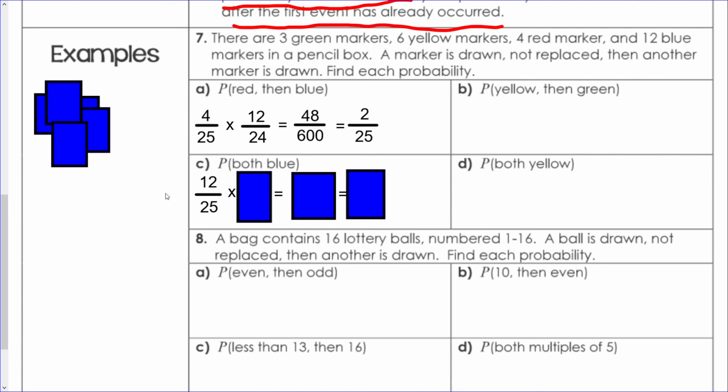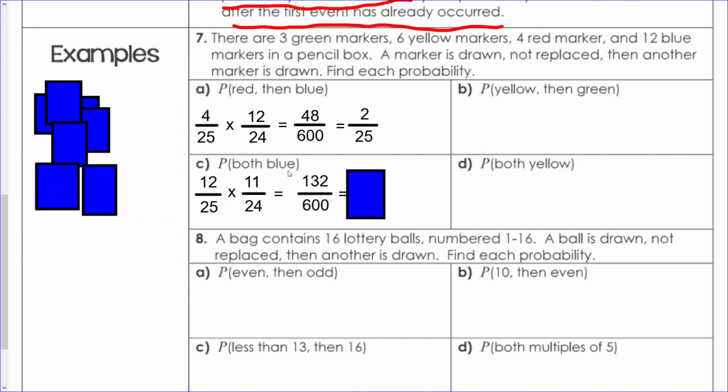But the second time you reach in, because we're not putting the marker back in the box, there are only 11 blue markers in there because you already took 1 out. And there's also only 24 total markers. So you're having to change both the numerator and the denominator. You'd end up with 132/600 by multiplying those together, which reduces to 11/50.